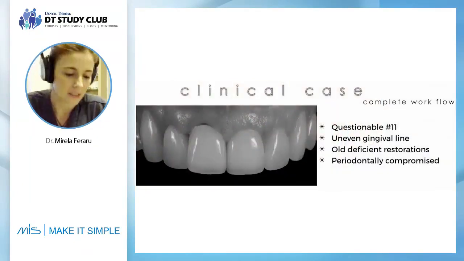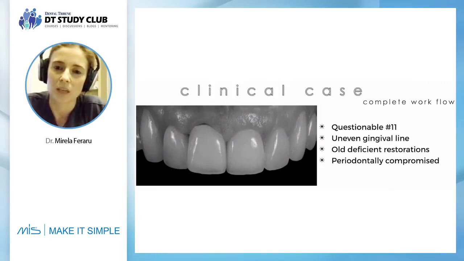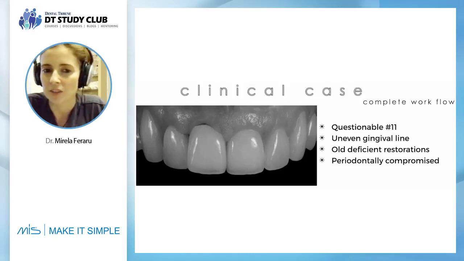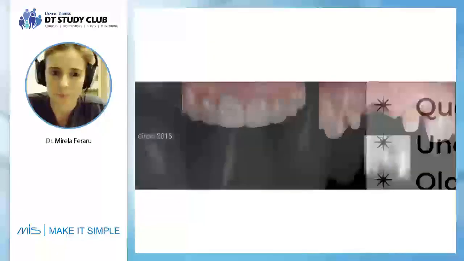Now we are getting close to the end, and I would like to take you briefly to a clinical case, a pretty complex clinical case that will also emphasize the complete workflow. So we have a questionable tooth 11, some uneven gingival lines, we have old deficient restorations, and we have also some periodontal problems.